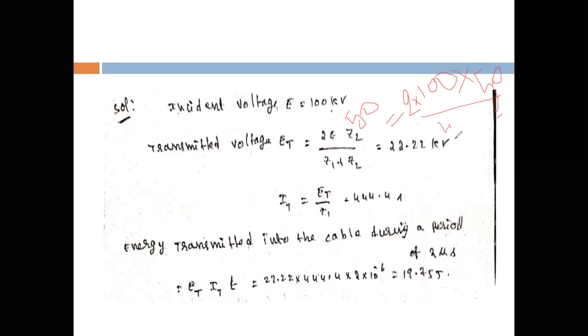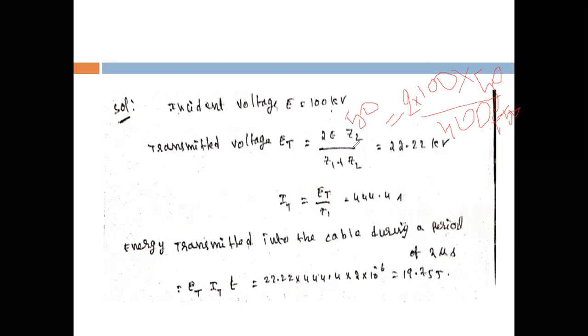Z1 is equal to 400, plus Z2. Therefore Z2 is equal to 50 ohms.